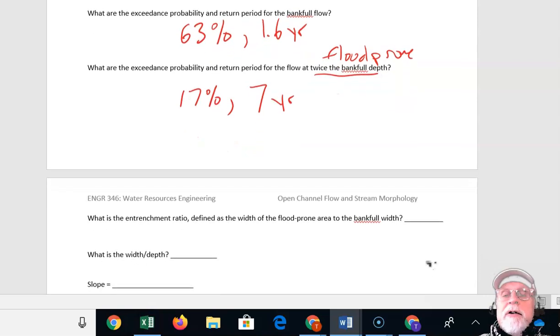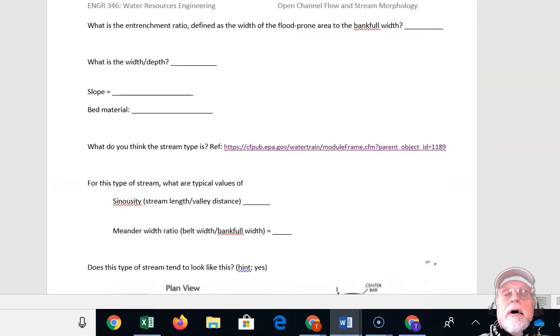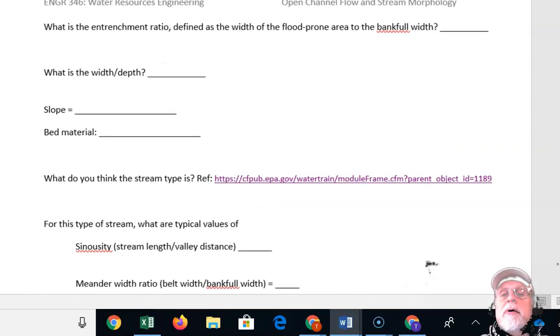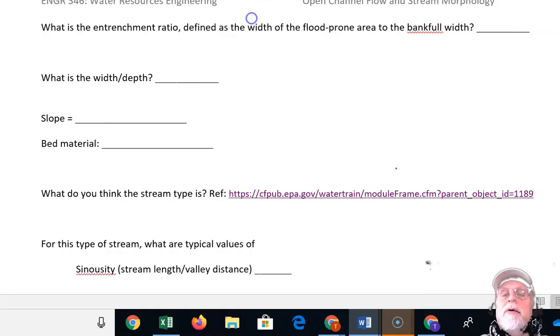Now to classify this stream, we're going to go to a couple other measures specifically used to classify a stream. One is the entrenchment ratio, defined as the width of the flood-prone area to the bank full width.